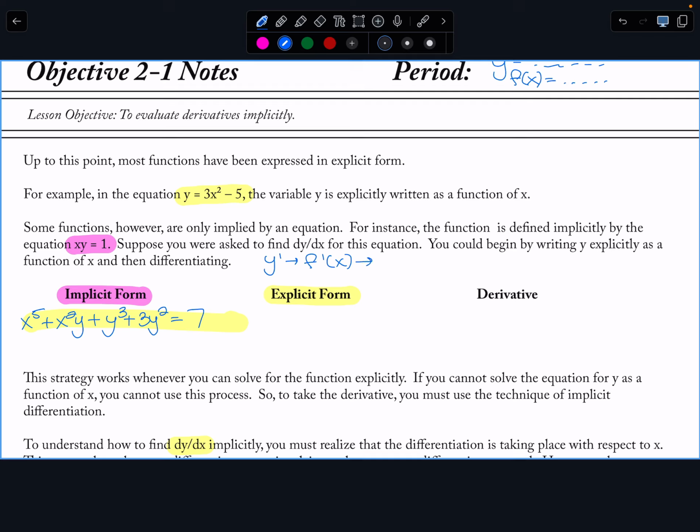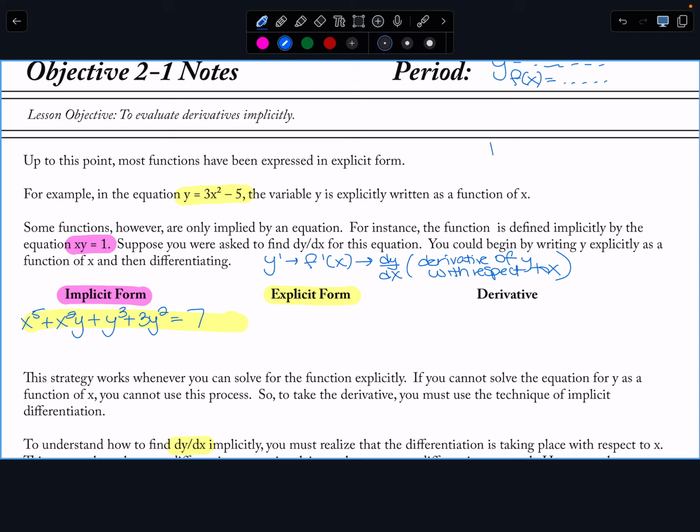But if I get even fancier, I can call it dy dx, which this notation means the derivative of y with respect to x. And I could take the derivative of x with respect to itself, right?